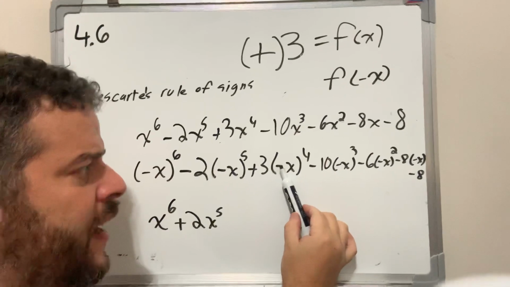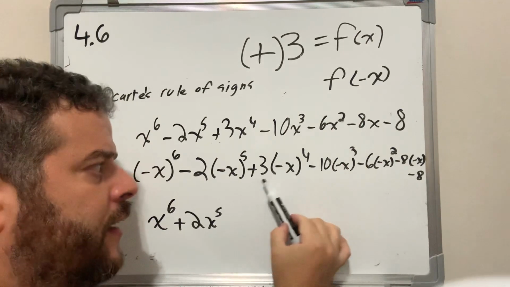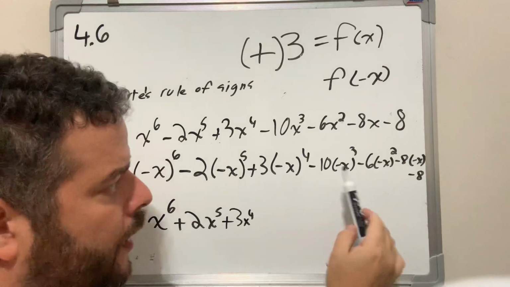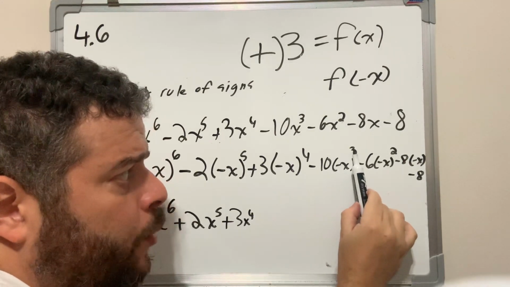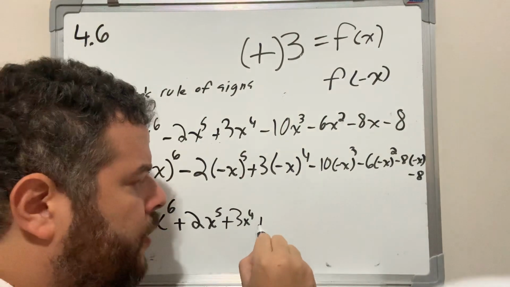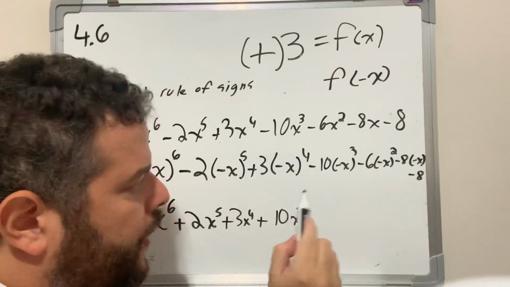Here I have a negative x elevated to an even degree, which turns positive, times positive, plus 3x to the 4th. I have a negative x to an odd degree. It stays negative, times negative turns positive. That's a 3.